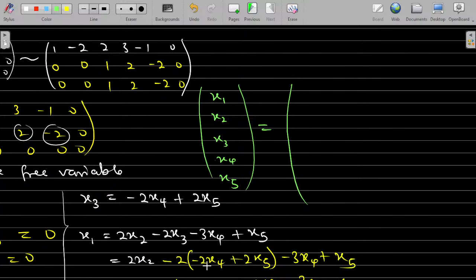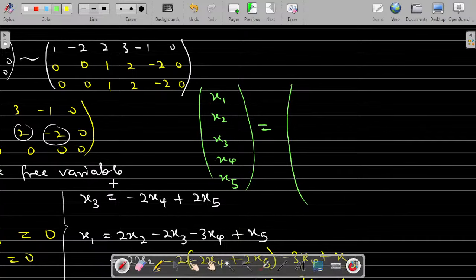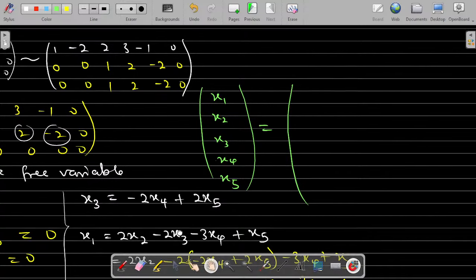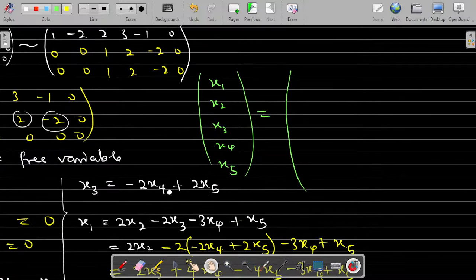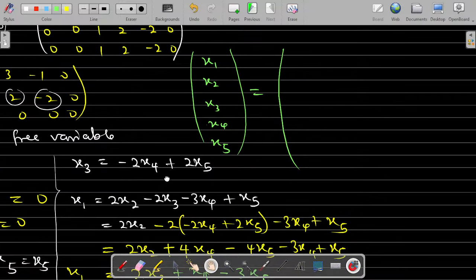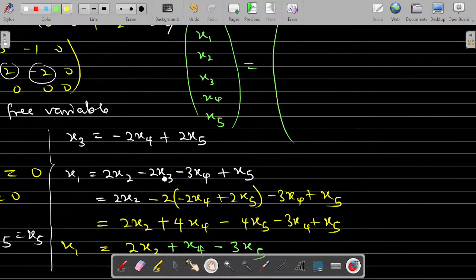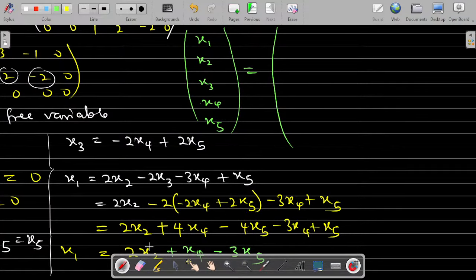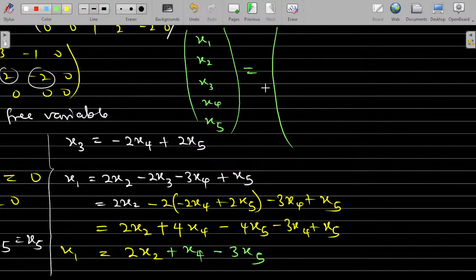Let me bring it up a little bit. Okay, I can see it now. So our x1 is equal to 2x2 plus x4 minus 3x5.